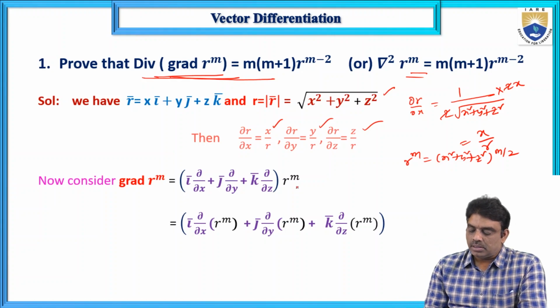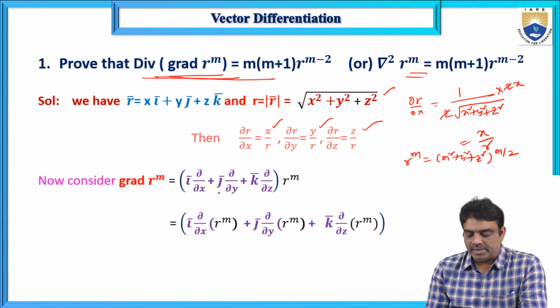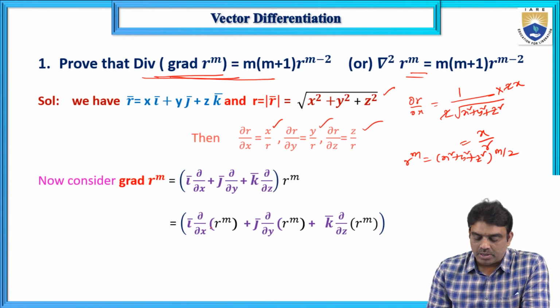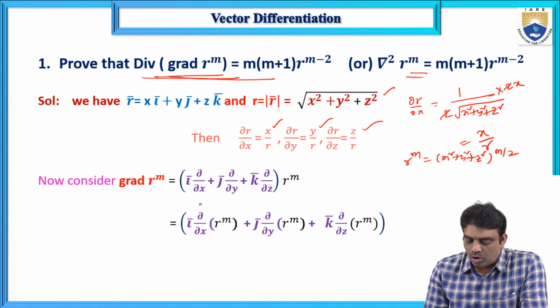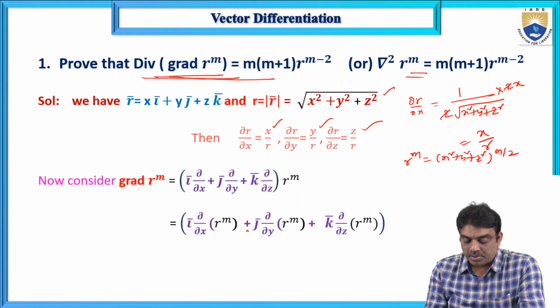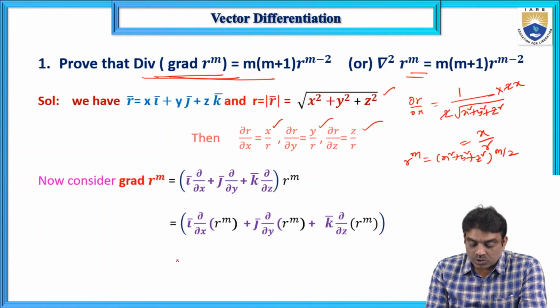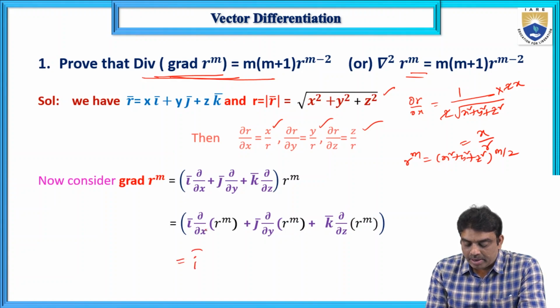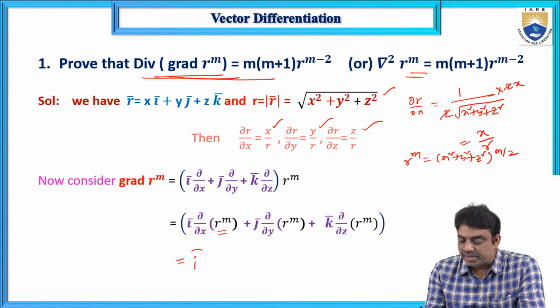So I'm using differentiation with respect to x, y, z partially. We get i-bar ∂/∂x of r^m plus j-bar ∂/∂y of r^m plus k-bar ∂/∂z of r^m. So what is the derivative ∂/∂x of r^m? r is a function of x, y, z.